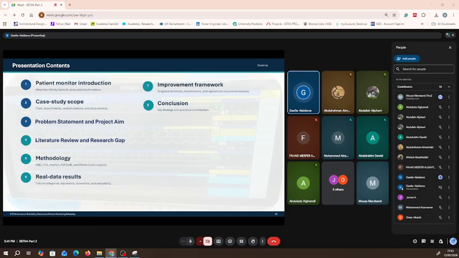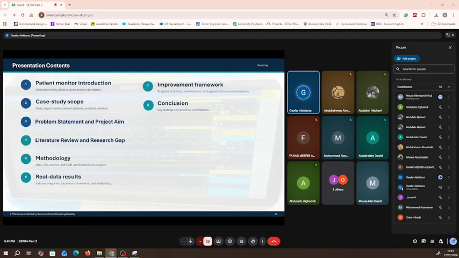This slide shows the roadmap of the presentation. I will begin with a brief introduction to the patient monitor itself and why it's important in critical care units. Then I will describe the case study scope, including the selected departments, number of monitors, central stations, and study period. After that, I will explain the problem statement and project aim.